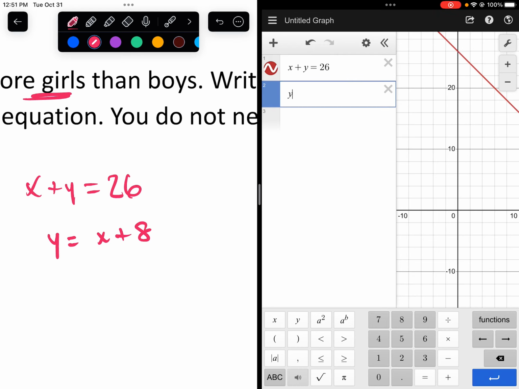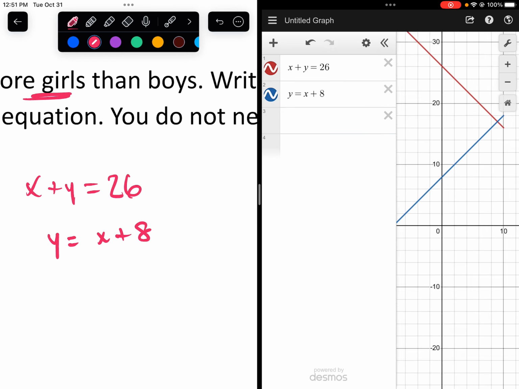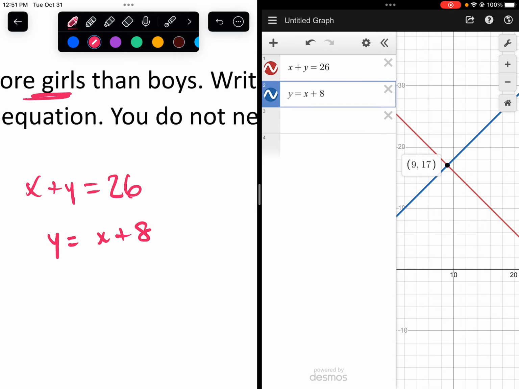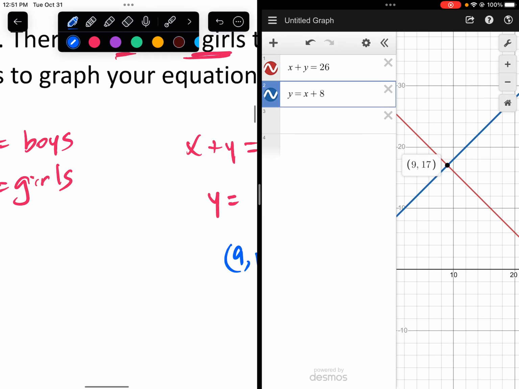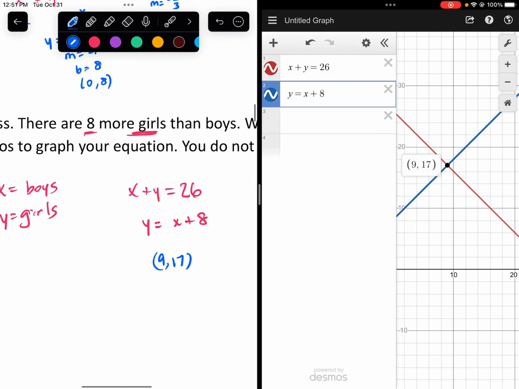The next equation, you have y equals x plus 8. Boom. And then you just have to find this point of intersection. Looks like this intersects at 9, 17. So what does that mean in the context of the problem? That means there are 9 boys and 17 girls.